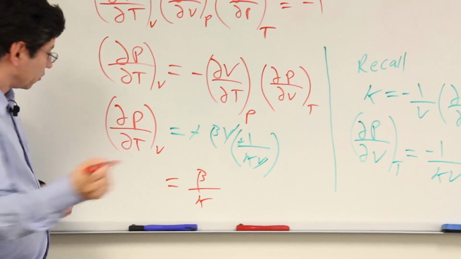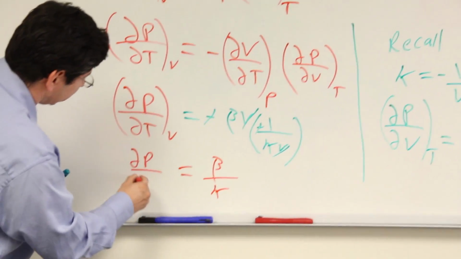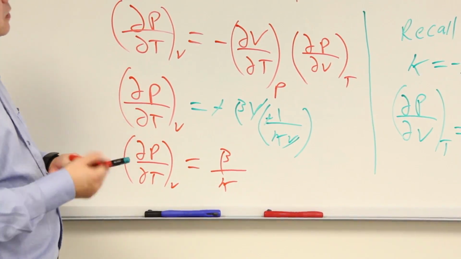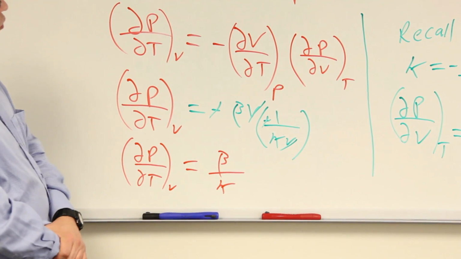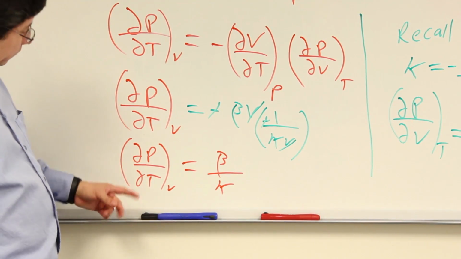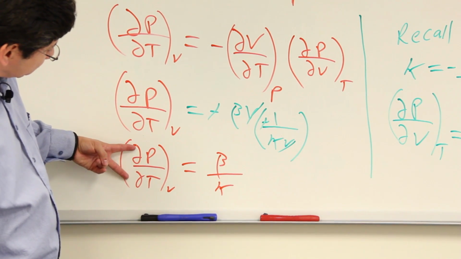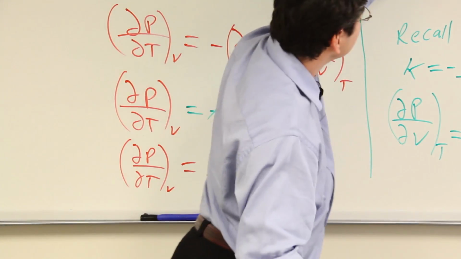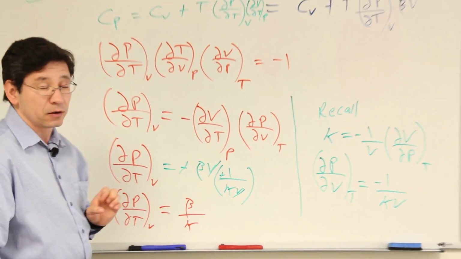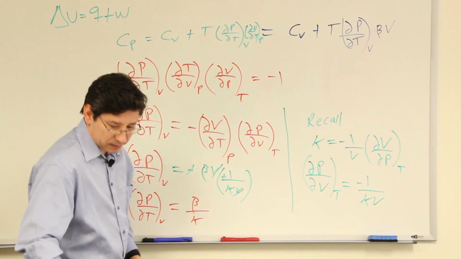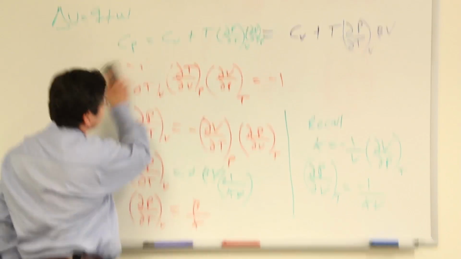Okay, so in the next minute or two, we're going to be able to finish our goal. What do I need to do? Replace this expression, dP/dT, here with beta over kappa. So that's what we're going to do next.